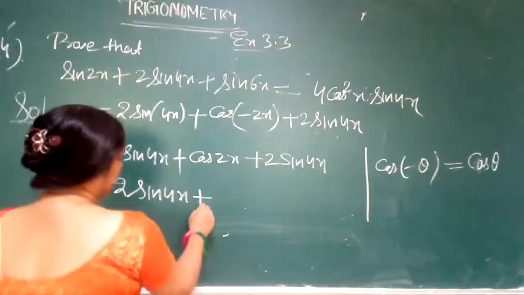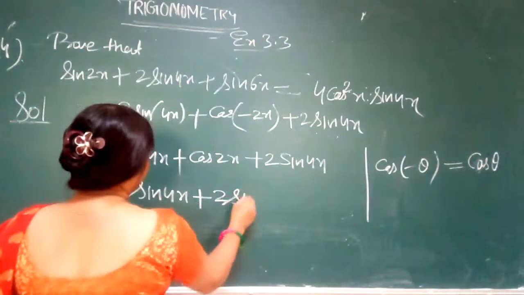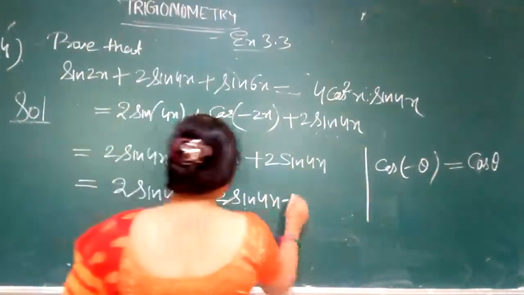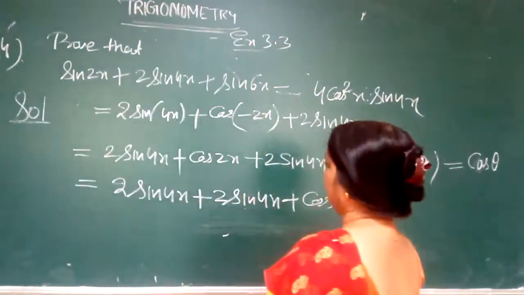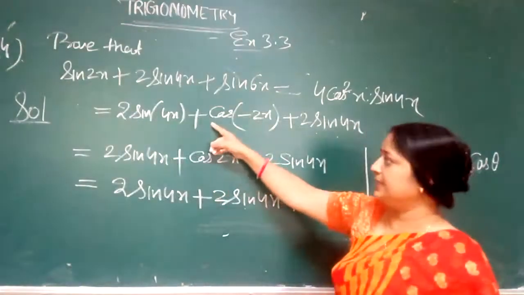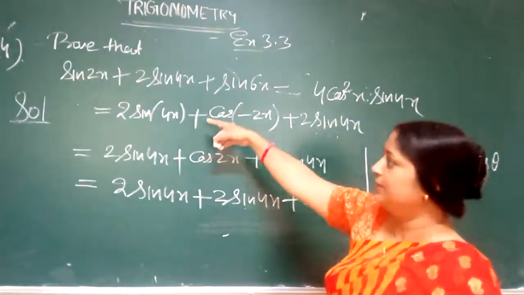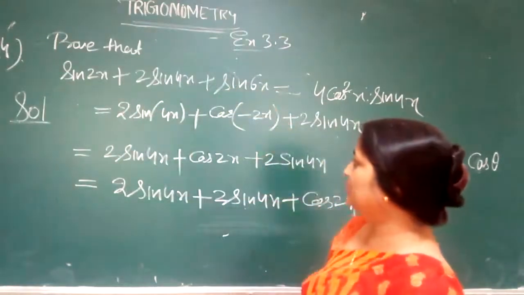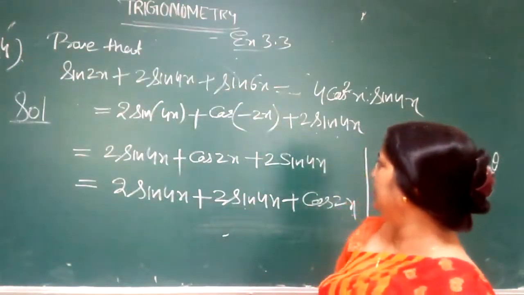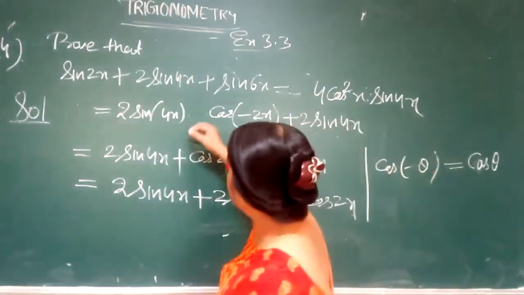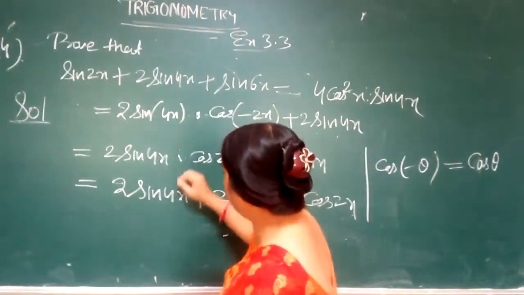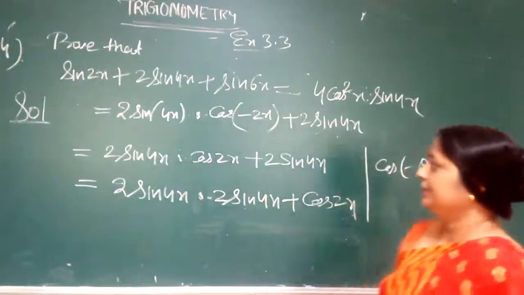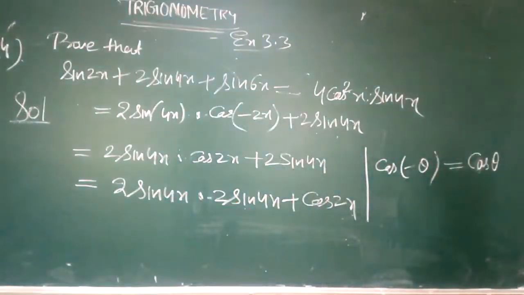So after that plus 2 sin 4x plus cos 2x. By mistake I have written here minus sign, here plus sign will come because we are using the formula sin C plus sin D, that is 2 sin C plus D into cos C minus D by 2.